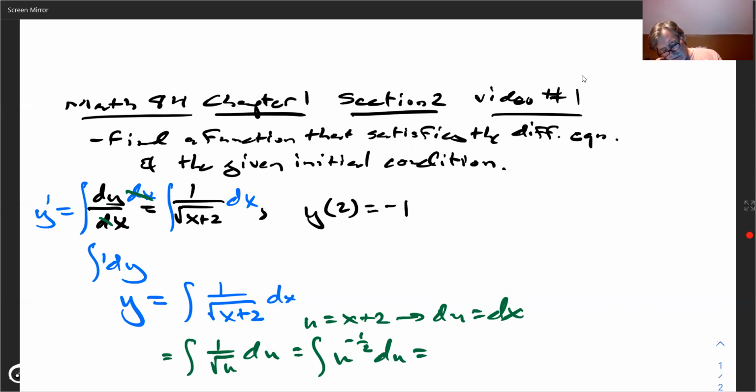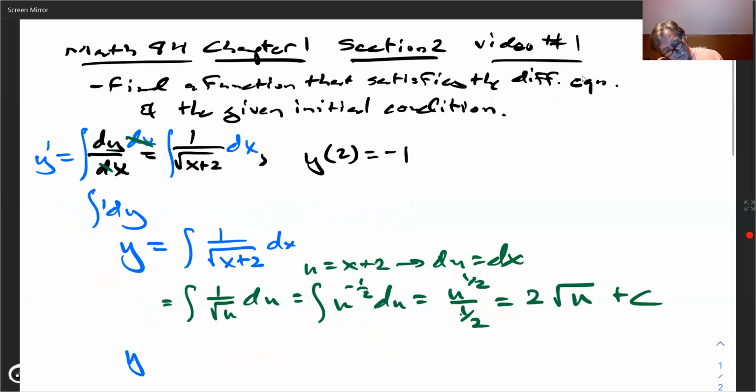And so you get u to the positive 1/2 over 1/2. Another name for that guy is 2 square root u, and then tack on a plus c. So our problem is becoming y is equal to 2 square root of u, but u is x plus 2, and then plus c. There you did it.